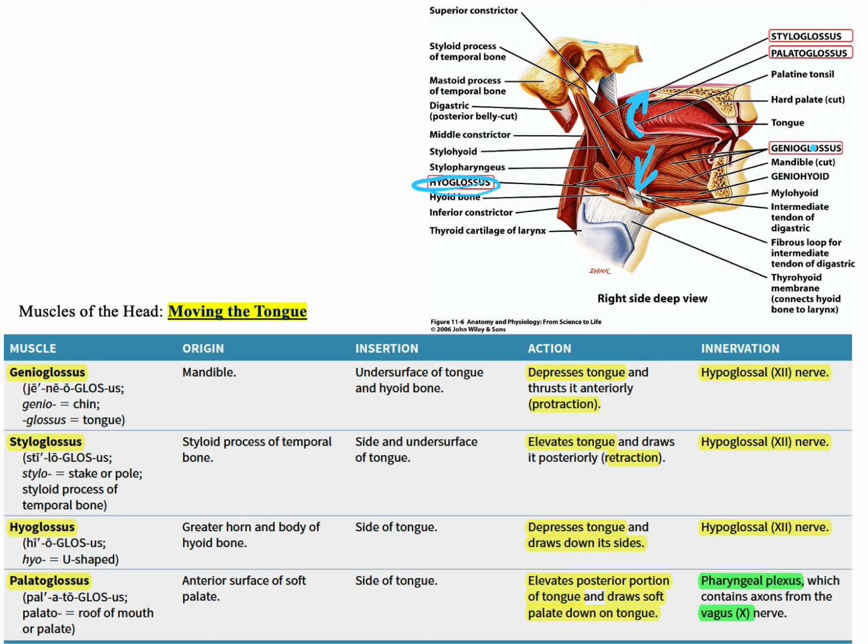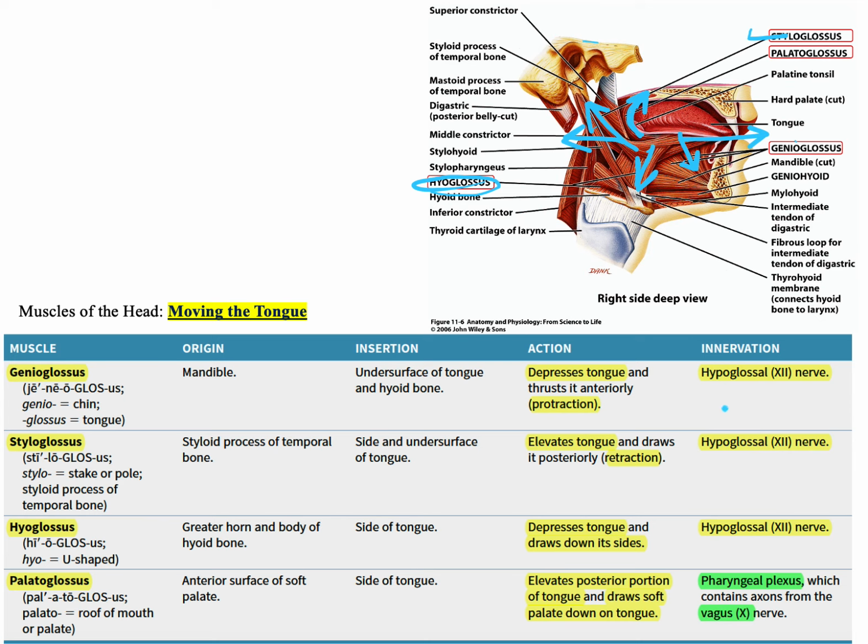And we have genioglossus, the fan shape, that depresses the tongue and protrudes it outside. But opposite to it is the styloglossus, this one, that elevates the tongue and retracts it to the back.